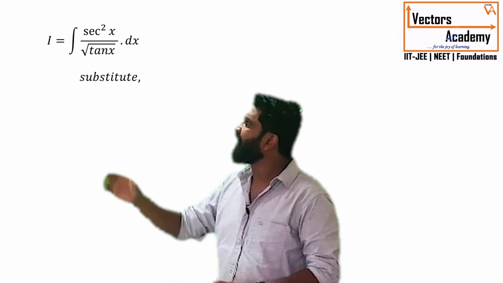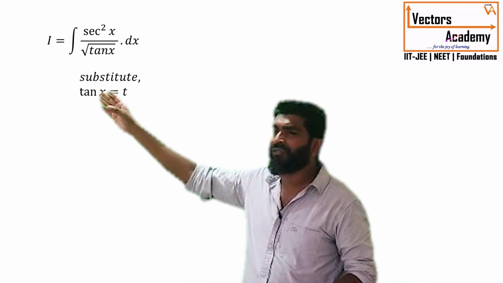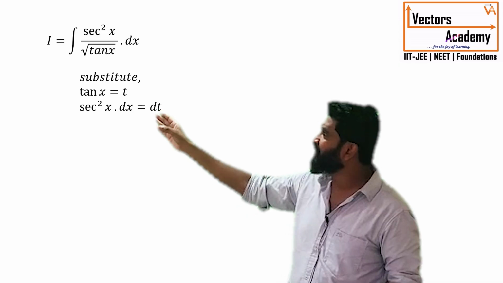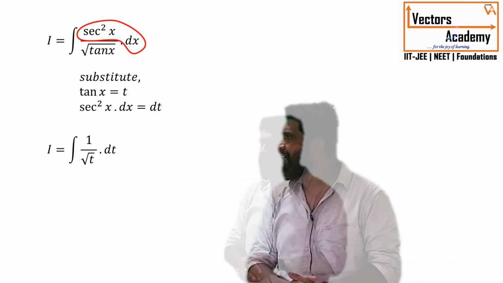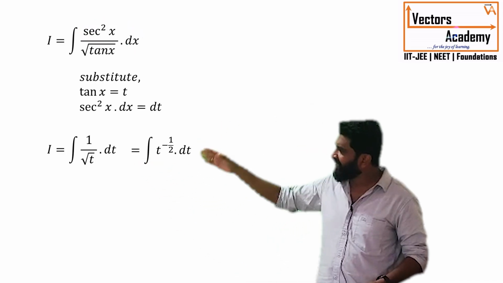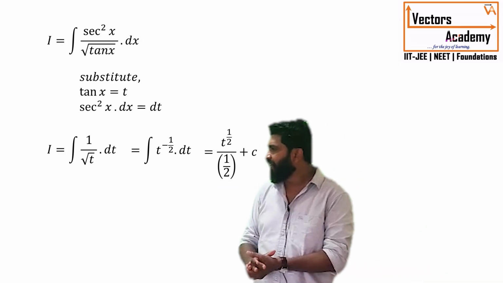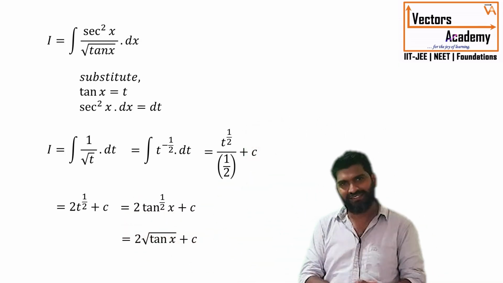Let us substitute tan x is equal to t. When we substitute tan x is equal to t, the derivative of tan x is sec square x dx, which becomes dt. So the complete numerator becomes dt, and we have a simple question, that is 1 upon root t. Simplifying this and integrating it by the normal formula, we get our answer as 2 root of tan x plus c.